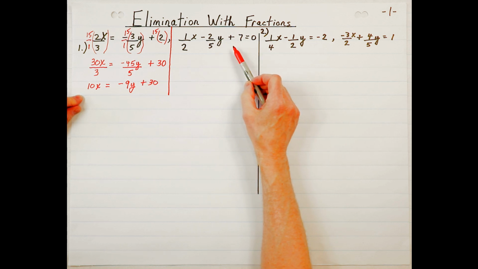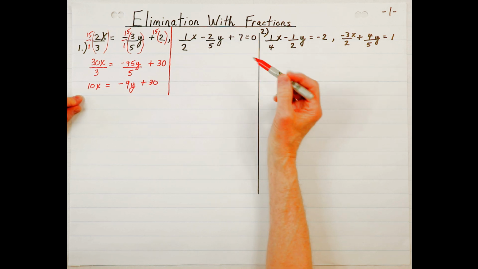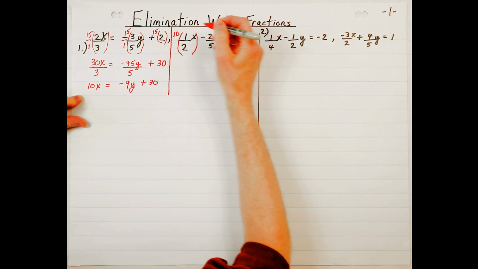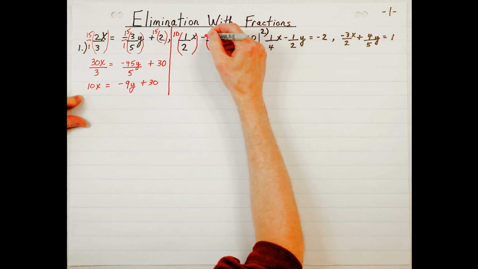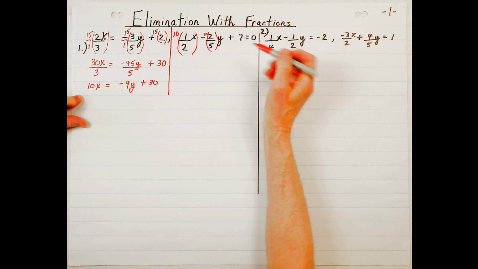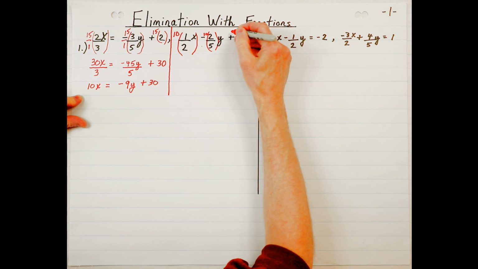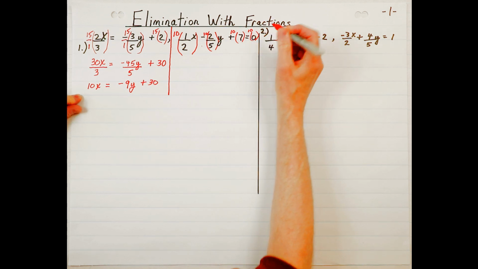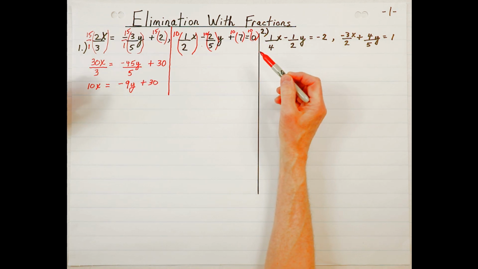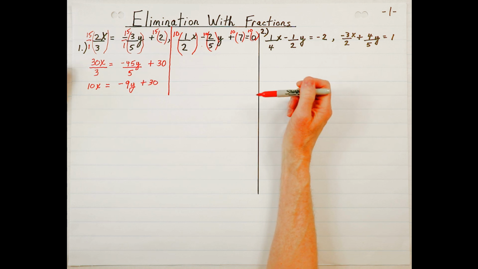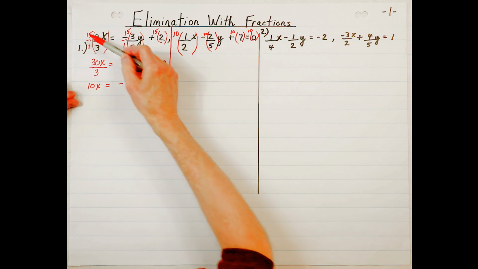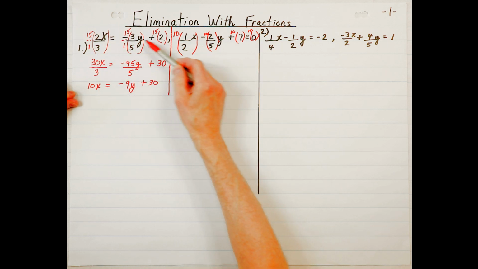All right, let's look at this equation. What's the LCD? Yes, it's 10. You guys knew that, didn't you? So I'm going to squeeze this in here, and it's going to be a negative 10 because of that negative sign. And then we multiply 7 by 10, and there's a 0 here, and we're going to multiply that by 10. Every part of the equation gets multiplied by the LCD. Now I used the LCD over 1 over here.